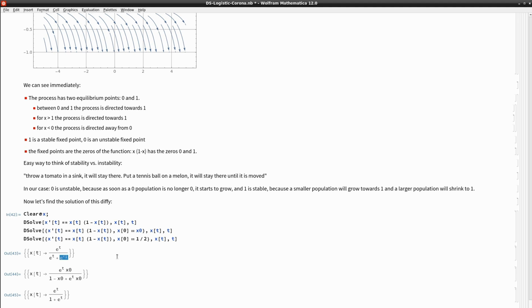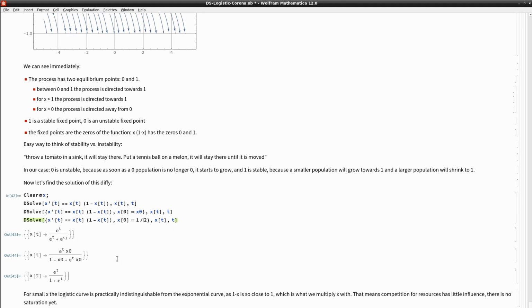And if we set initial conditions, x at time 0 is a constant, for example a half, we are getting these two solutions. This is for general x0, and for a half we're getting this equation, e to the t divided by 1 plus e to the t.